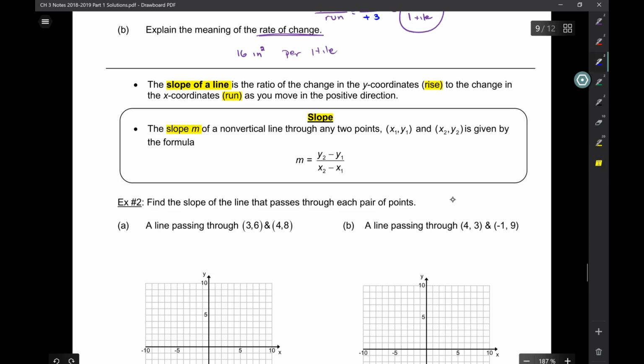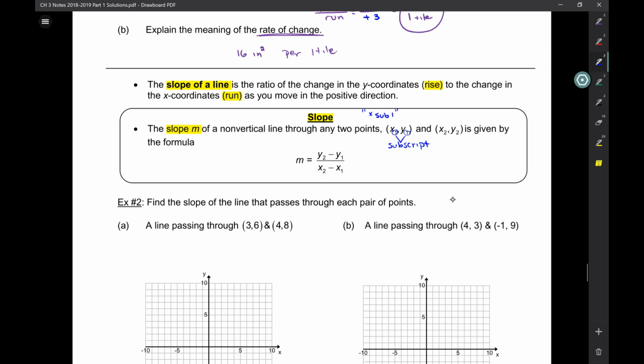Now, look at this notation here. It's x subscript 1, right? These are called subscripts. So we read this x sub 1, and y sub 1, and then x sub 2 and y sub 2.